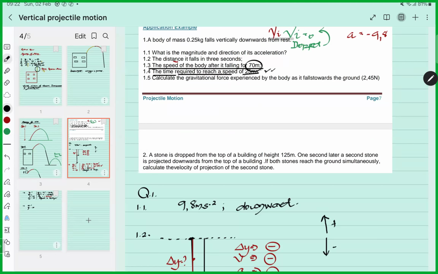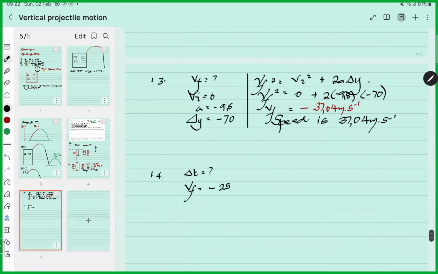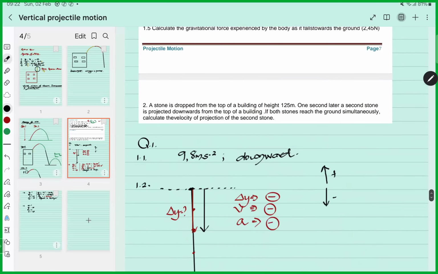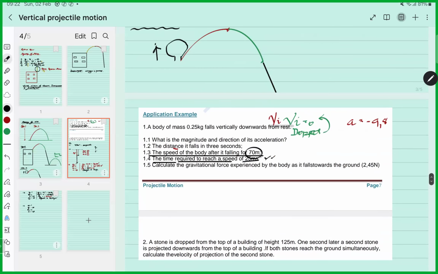That's the speed. This is your velocity. You need the minus there. Your initial is 0 and your acceleration is minus 9.8. Now you may be wondering, why can't I use any of the information above? You can't, because for example, let's assume you say, why can't we use the 3 seconds? Because I guarantee you in 3 seconds, the speed won't be 25 meters per second.